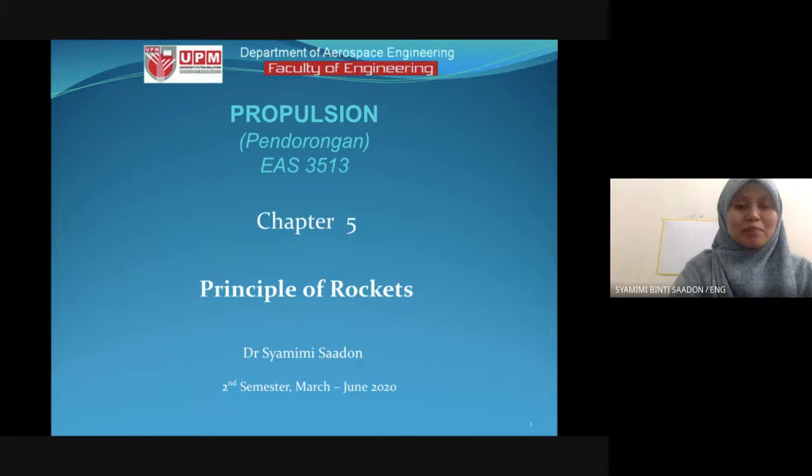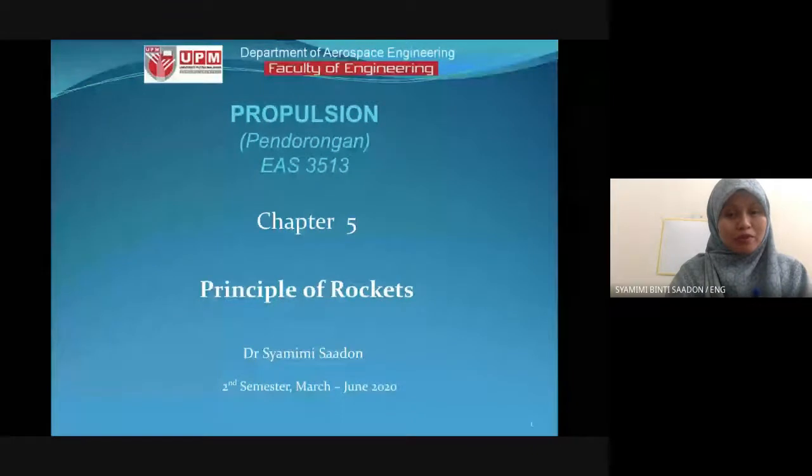So the last chapter is about rockets. It's a bit different from the previous four chapters, which are mainly about air-breathing engines: turbofan, turbojet, and the components within them, which are compressor, combustion chamber, turbine, nozzle.